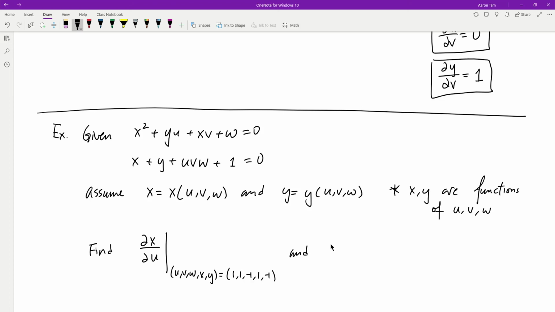And since we're doing dx over du, I might as well find dy over du also. Yes, you cannot find one of them without finding the other one. Well, technically you could, but you would find both of them together because you have to solve a system of equations. At the same spot, uvwxy equal to 1, 1, negative 1, 1, negative 1.